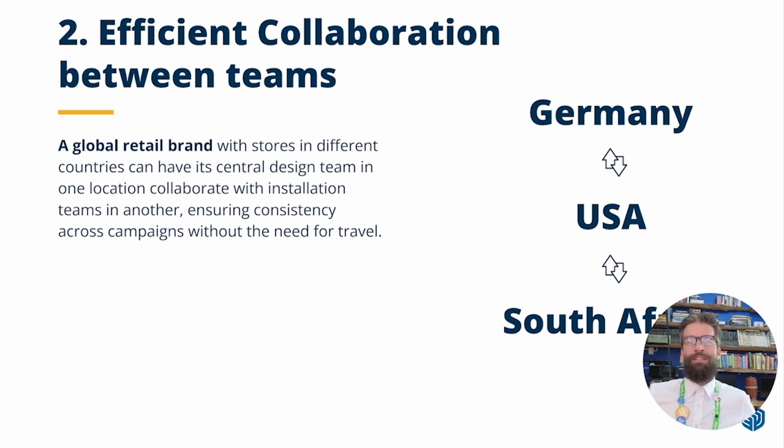So this is a good example of how you can ensure that there's consistency across campaigns globally without the need for excessive travel or without the need for excessive project management from the head office. The regional office or the regional installation team can continue with what they're doing, knowing full well what the corporate identity or the campaign identity dictates, how the creative team in another country has come up with a good idea, and how you are going to execute it in the point of origin.